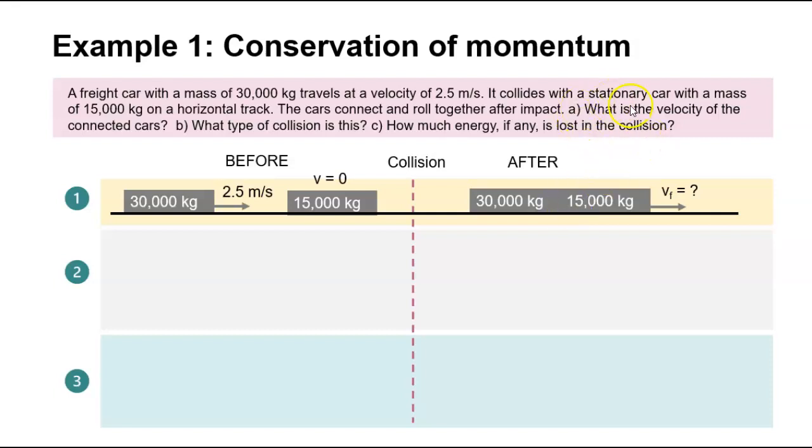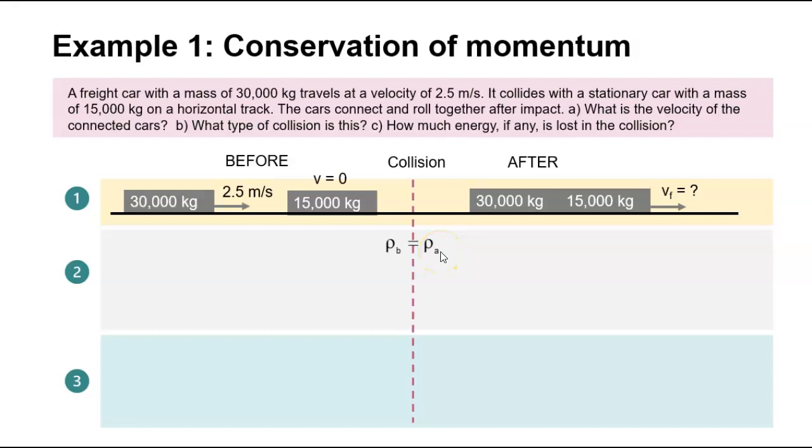All right, letter A. What is the velocity of the connected cars? So I wrote down final velocity equals question mark. So to solve this problem, we're going to apply the conservation of momentum. And that means that the momentum before the collision has to equal the momentum after the collision.